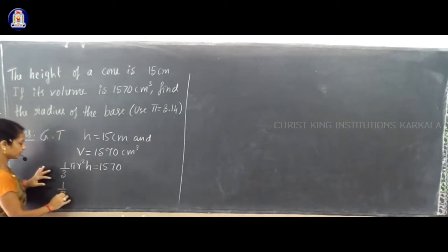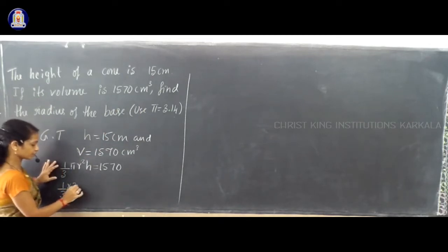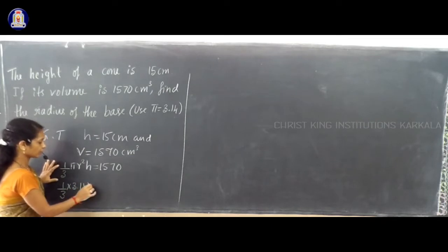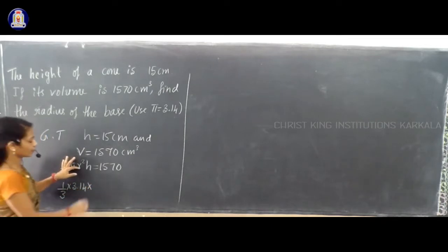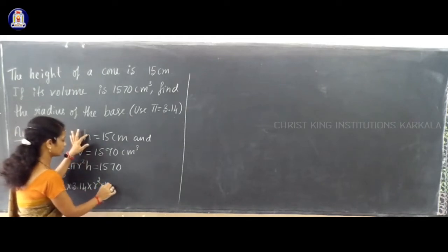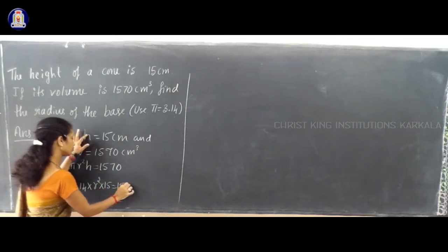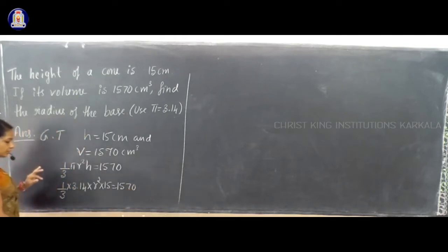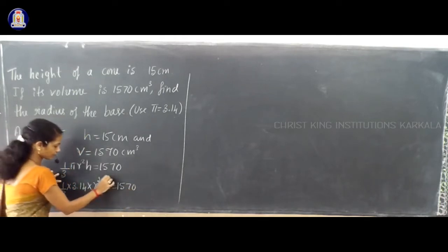Okay, so 1 by 3 as it is, and pi you have to replace by 3.14 into R square. R we have to find, so keep R square as it is into H. H is 15, equal to 1570. And next you cancel 3 once, 3 5 times.